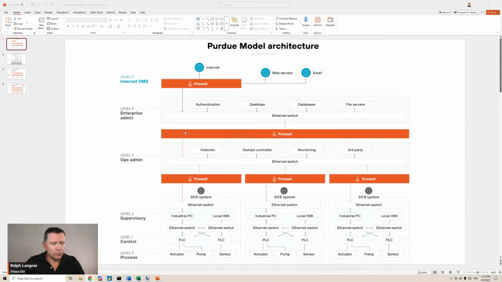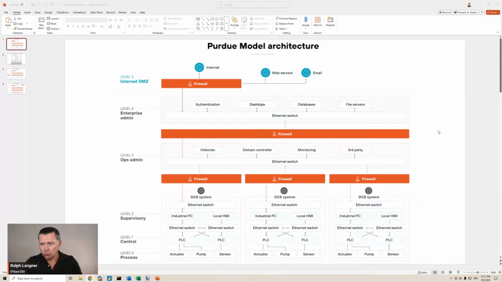And if you closely look at this diagram, you see, maybe most importantly here, this big firewall between the level 3 and the level 4. And that is probably the only idea that you should or could take away from Purdue as far as network segmentation is concerned, because that is something that you regularly find in those scholarly articles, that there should be a division between IT and OT.